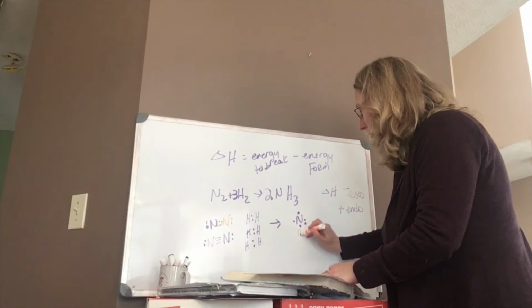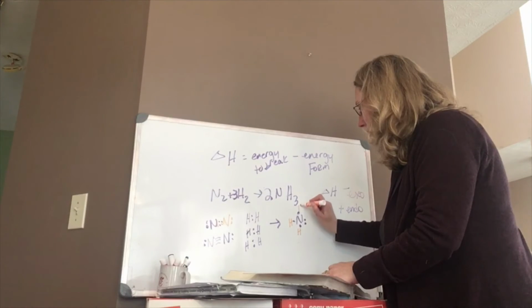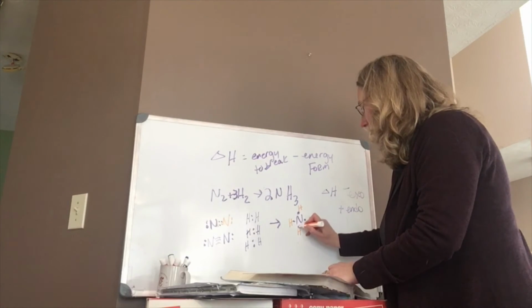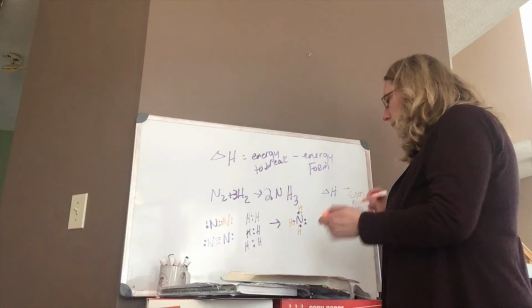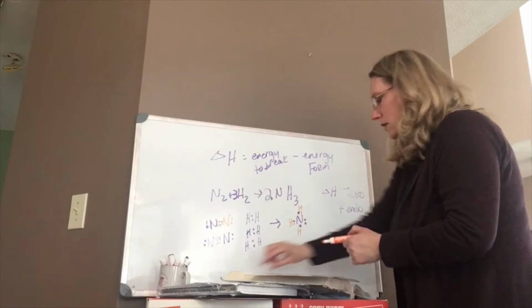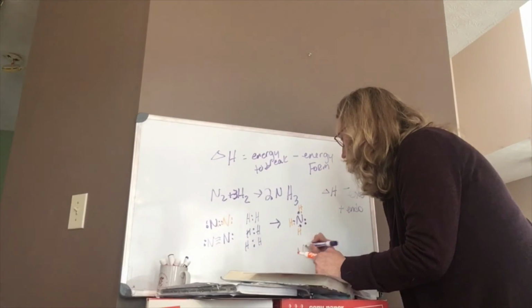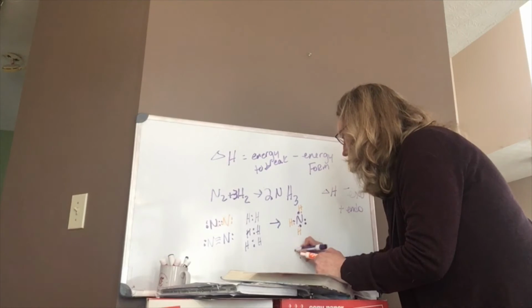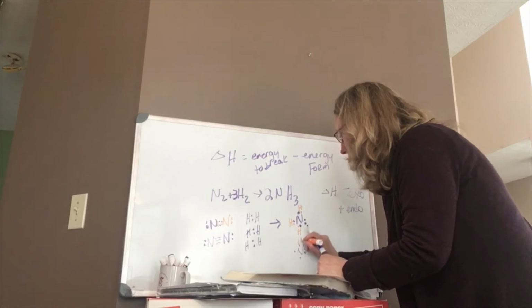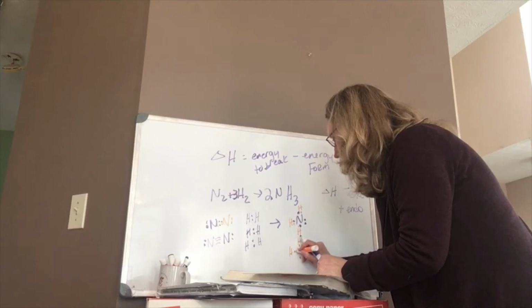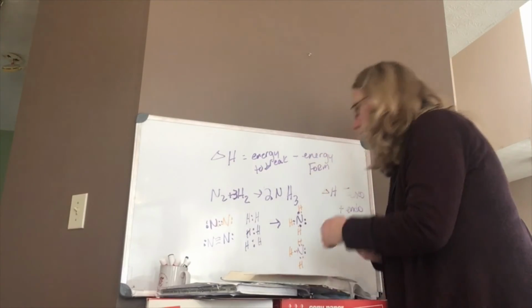So 1, 2, 3. Okay, but I have 2 of them. So I have an N with another H, and an H, and an H.